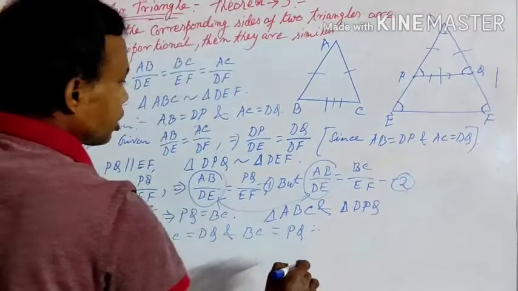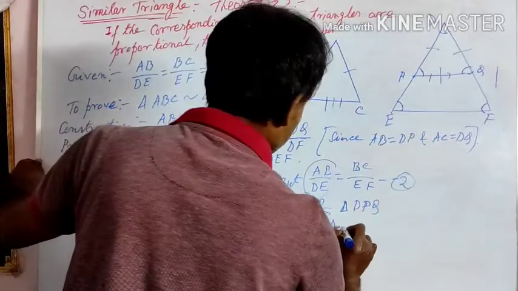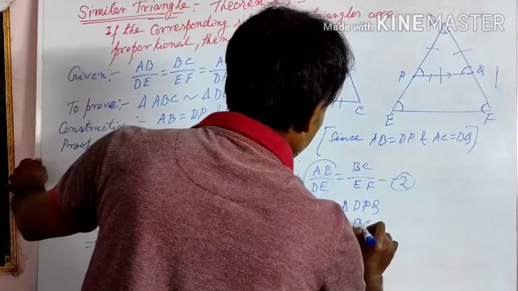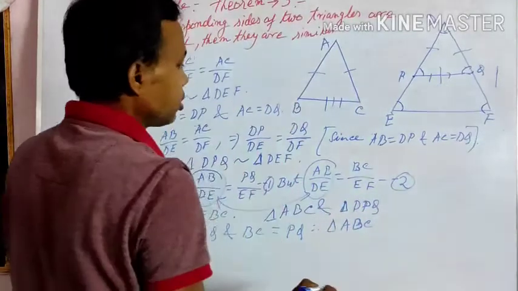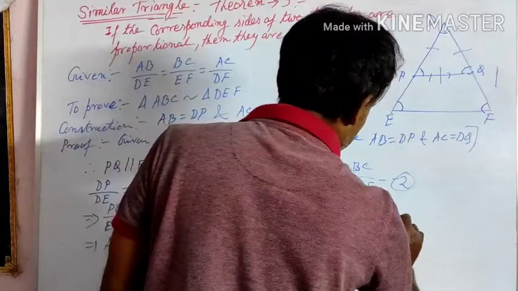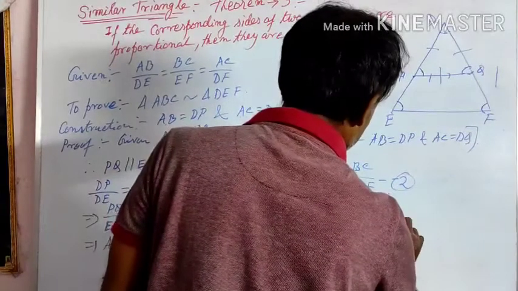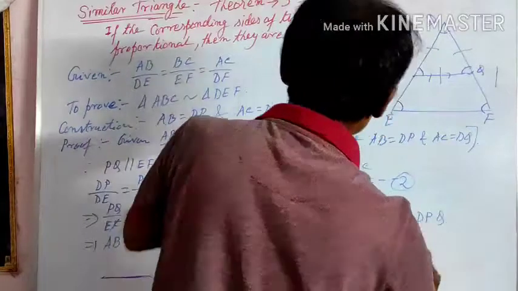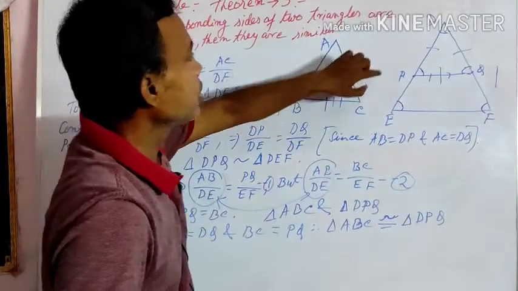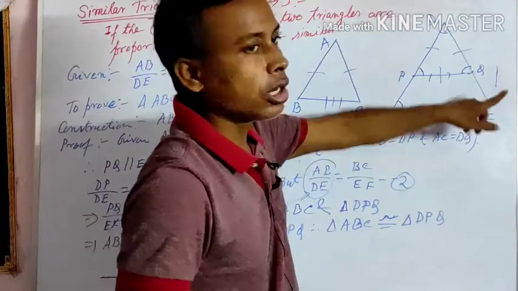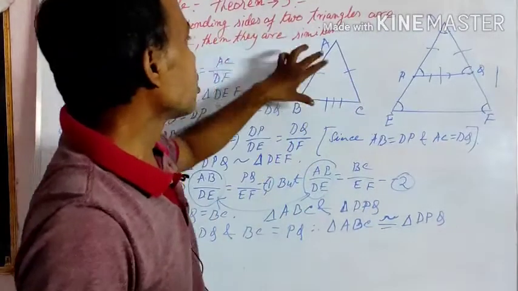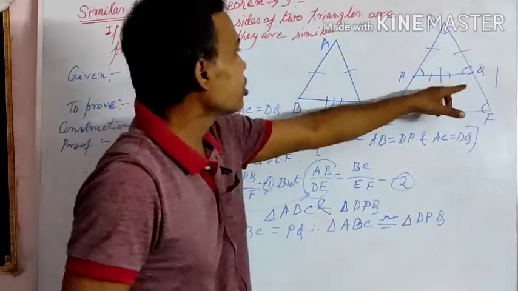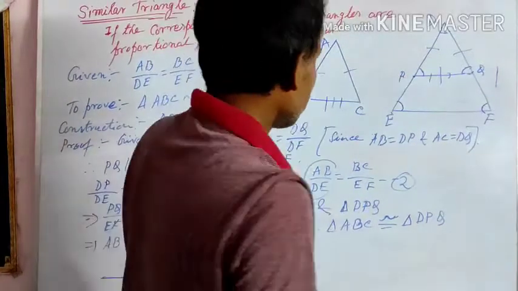Therefore triangle ABC is congruent to triangle DPQ because all sides are equal, that is AB is equal to DP, BC is equal to PQ and AC is equal to DQ.